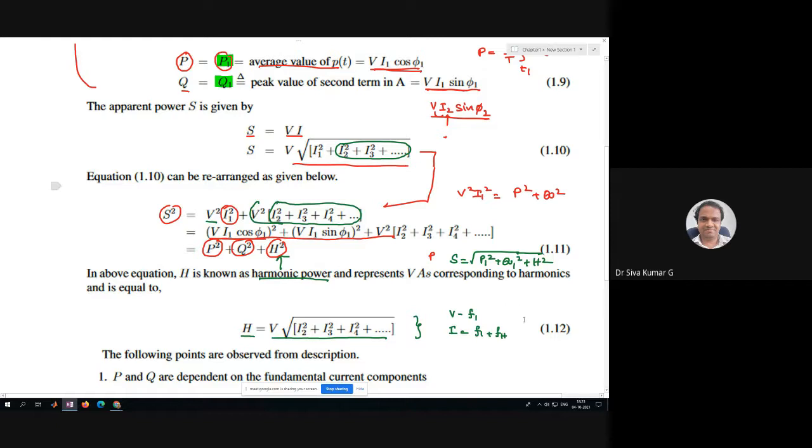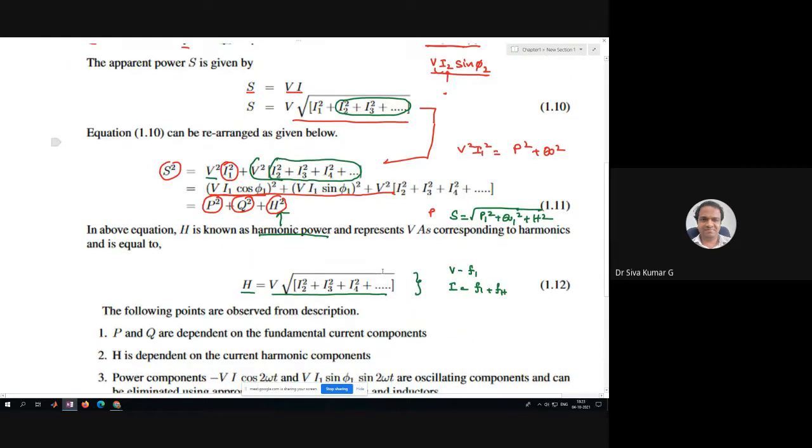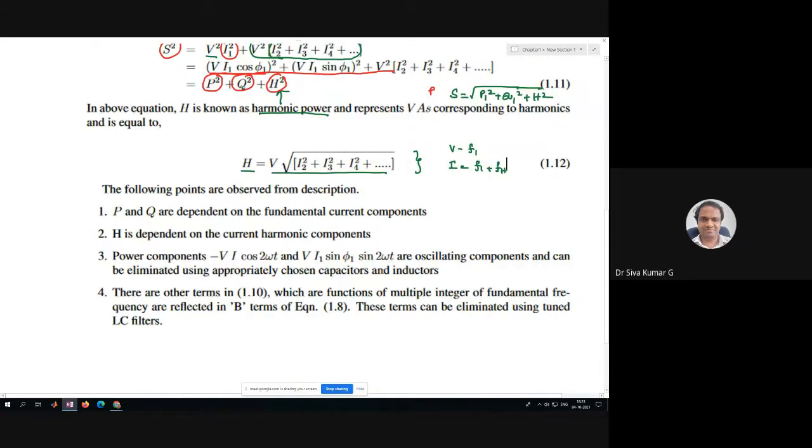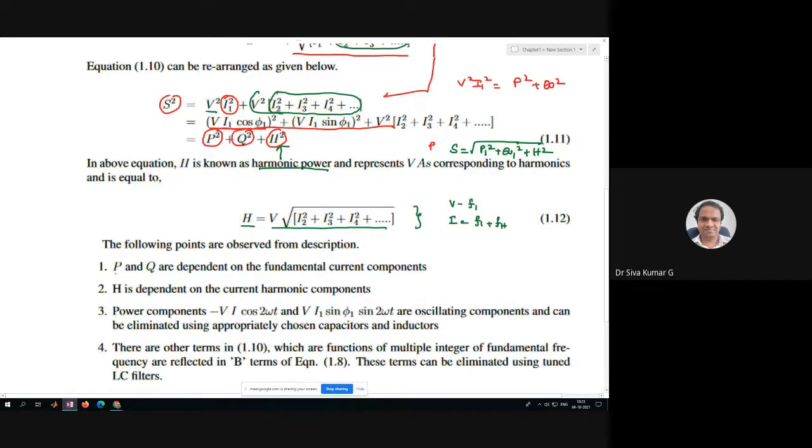With the above explanation, we can see that P and Q, the real power and reactive power, are dependent on fundamental current components only under this case. Whereas H is dependent on the current harmonic components.